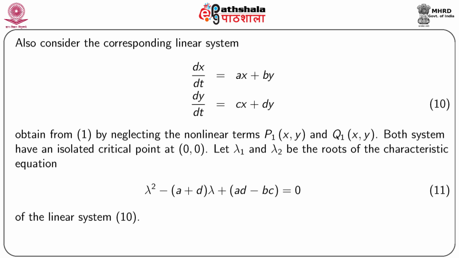Please note, our nonlinear system is referred to as equation 9 and our linear system as equation 10. In the next theorem, we will refer to equation 9 and equation 10 frequently, so understand that when we mention 10, it is the linear system, and when we mention 9, it is the nonlinear system.